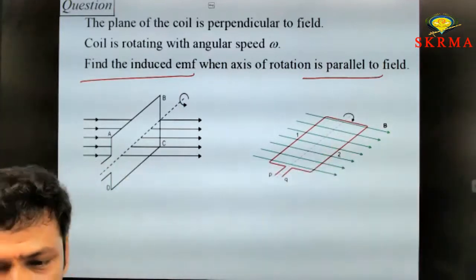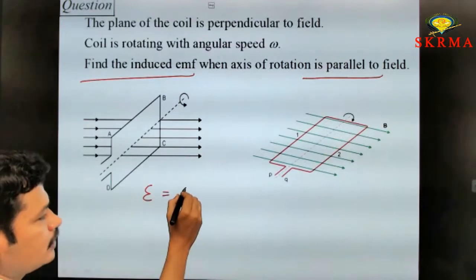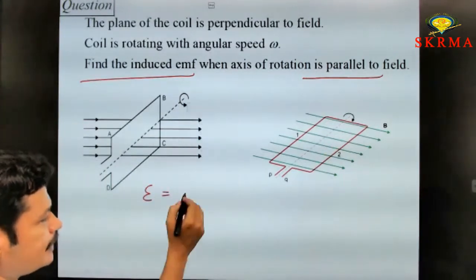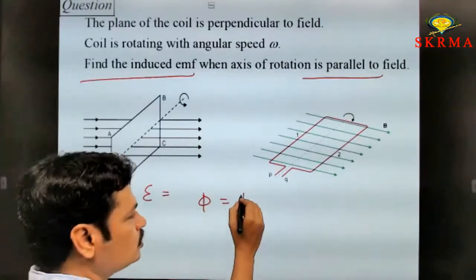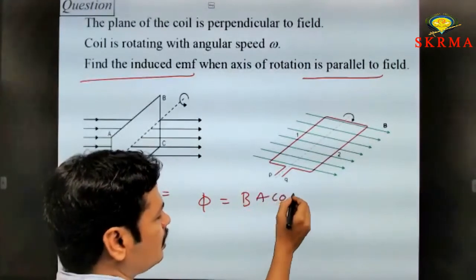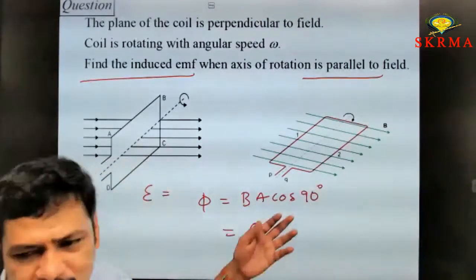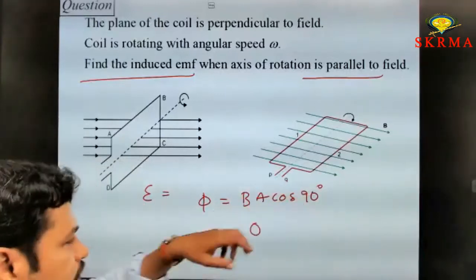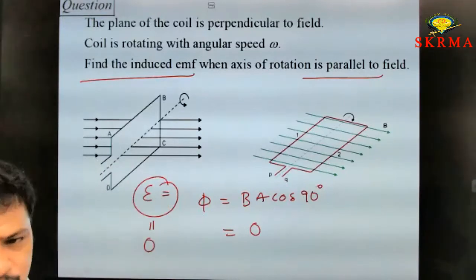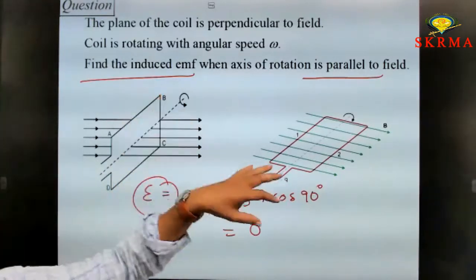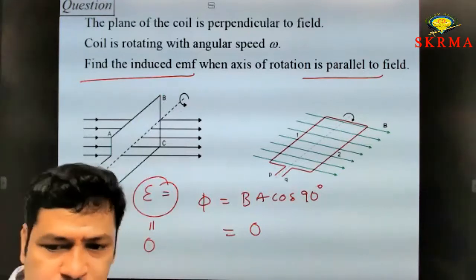In such a case, what is the induced EMF? E is equal to d phi by dt. Basically the flux: flux is equal to BA cos 90, which is 0. Whenever flux is 0, obviously the E value is also 0. Wherever we rotate parallel to the field, the induced EMF is 0. There is no electromotive force induced in the coil.